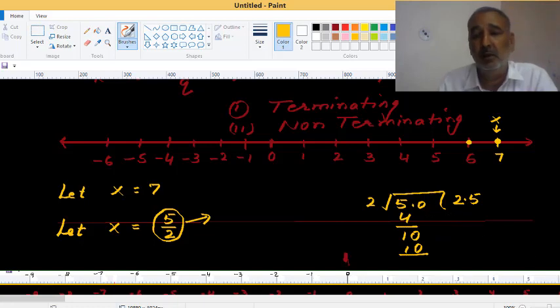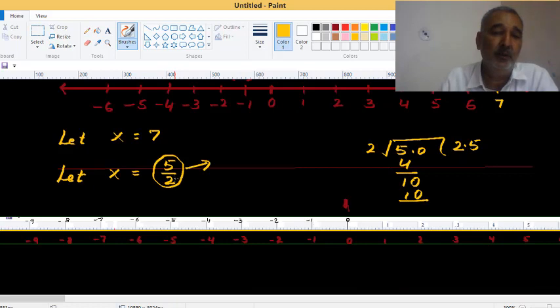This means the location of the number 2.5 lies somewhere between 2 and 3. So I have to find out between which two integers this rational number lies. Now it has become clear that 5 upon 2 is greater than 2 and less than 3.